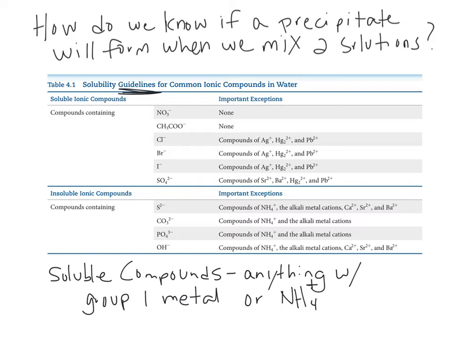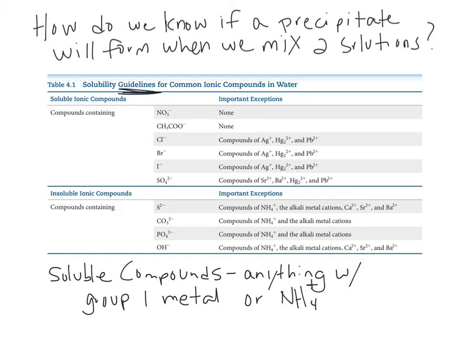What this is telling you is that if a compound is created that contains nitrate, acetate, chloride, bromide, iodide, or sulfide, it will be soluble. Unless, exception, there are no exceptions to the nitrate. If it has a nitrate in it, it's soluble. No exceptions to acetate.